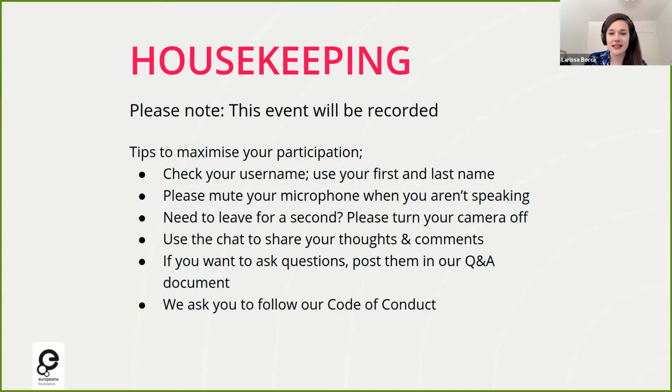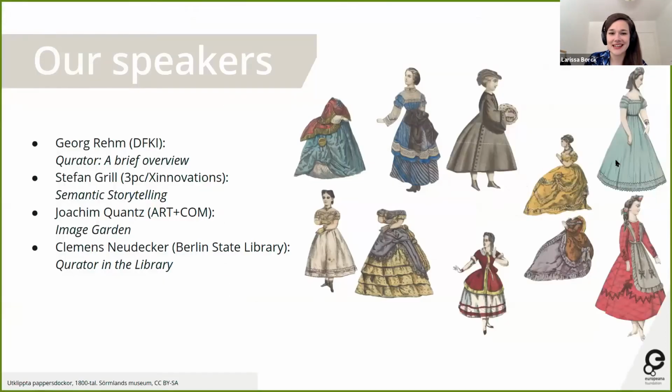But let's get to the point. I'm really happy to welcome our speakers to this session. We're going to talk about the Qurator AI project based in Berlin. I'm really happy to welcome Georg Rehm from DFKI. He's going to introduce us to Qurator and give us a brief overview about the project and what they're working on.